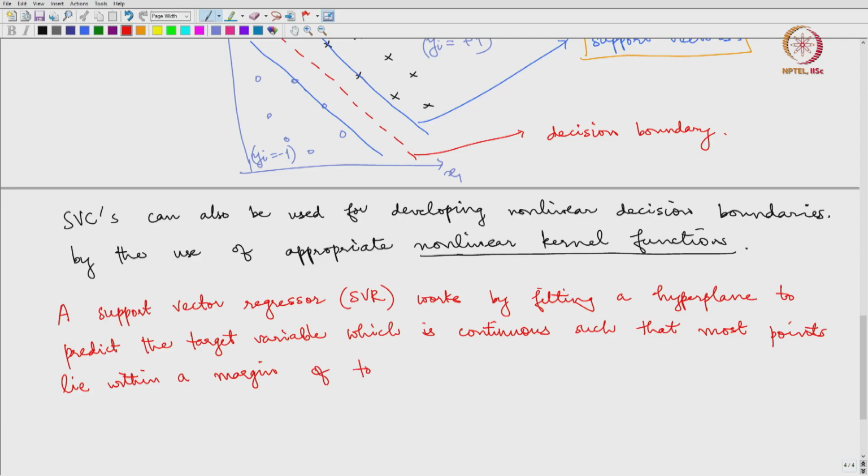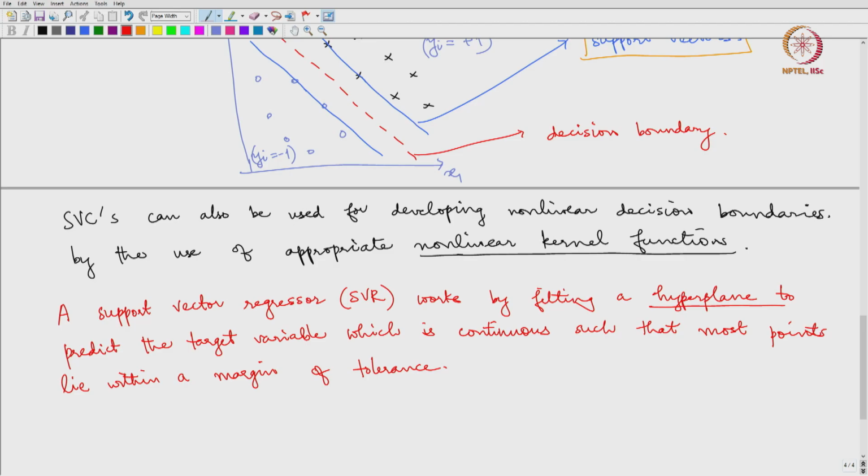of tolerance. As we discussed with the hard margin and the soft margin classifier, the support vector machine model understands that there can be errors made in prediction. So, what you try to ensure is that most points lie within a margin of tolerance, but you do allow for that margin because you are using a hyperplane to predict the target variable.